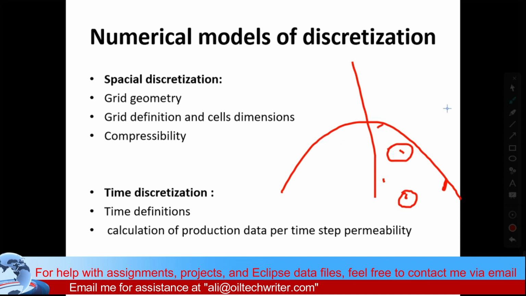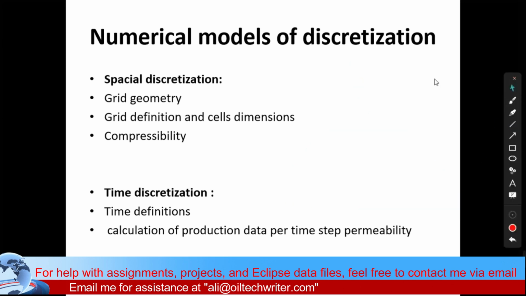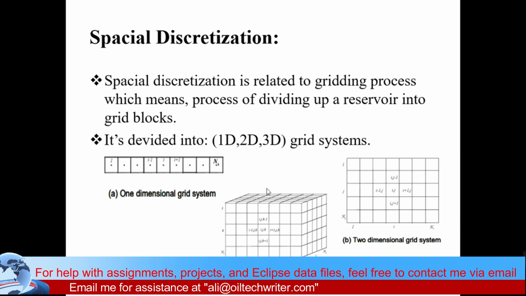So we have to divide this into small grid blocks like this one, and then we define the properties separately. We divide it like this and define them.